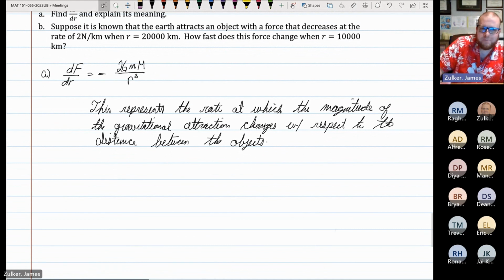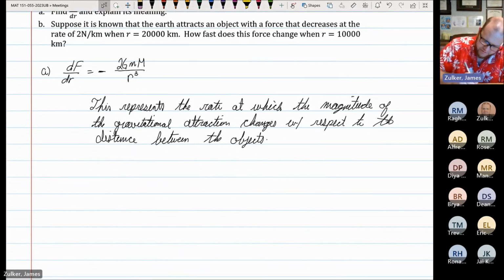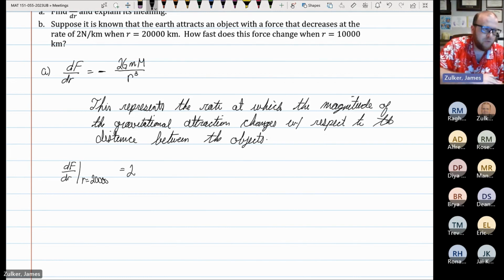First, use what we know. dF/dr when r is 20,000, we know it is -2, right?